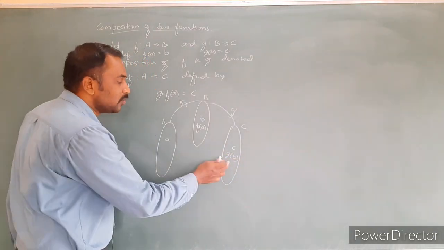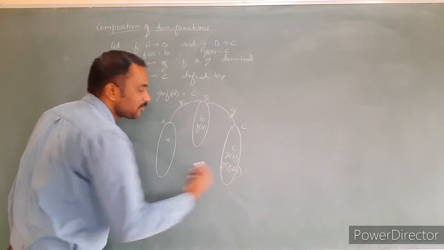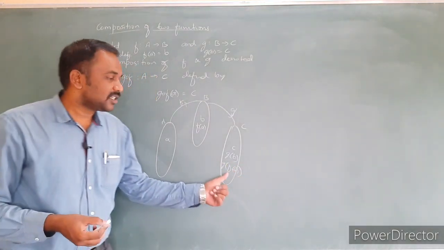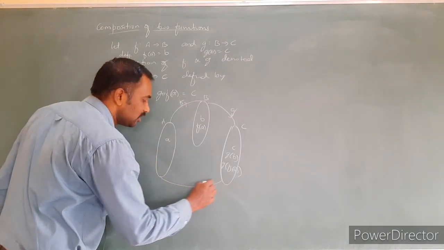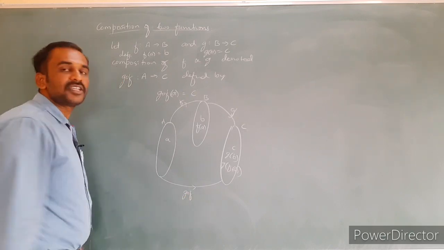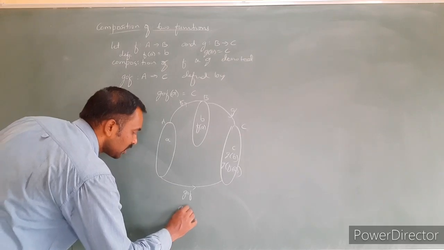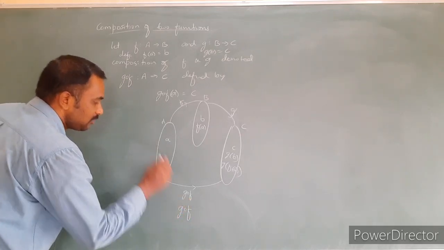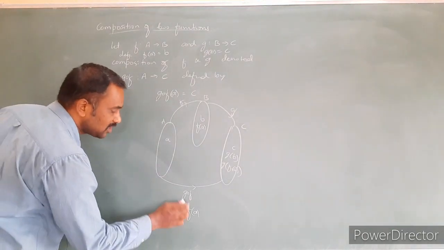What is b? b is nothing but f of a, so c is g of f of a. Now what is this function? This is the function g circle f.